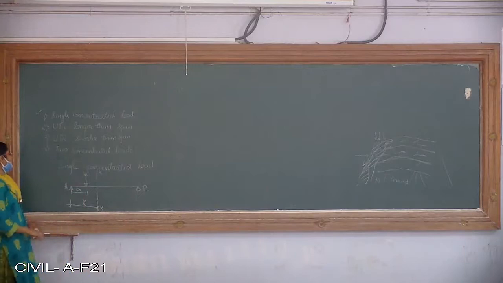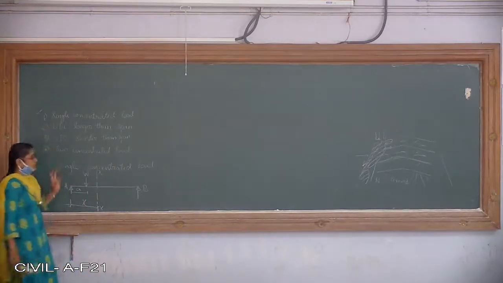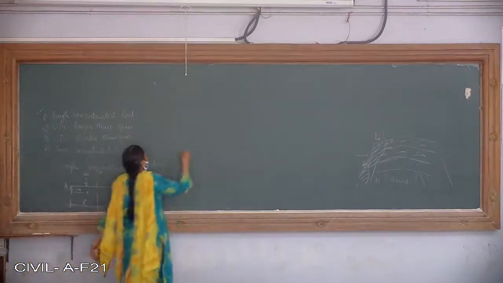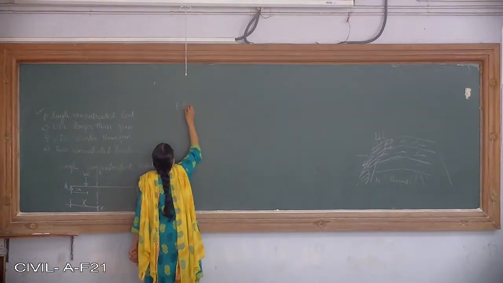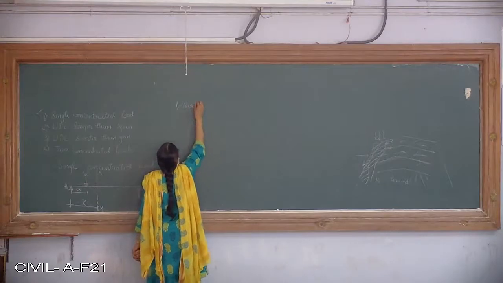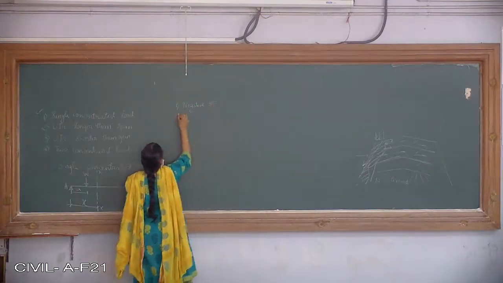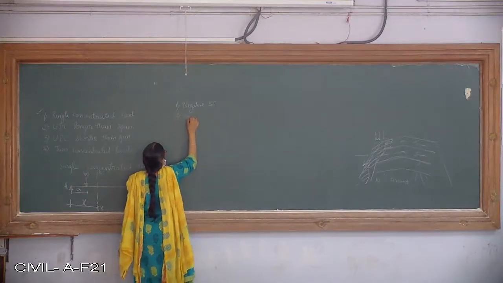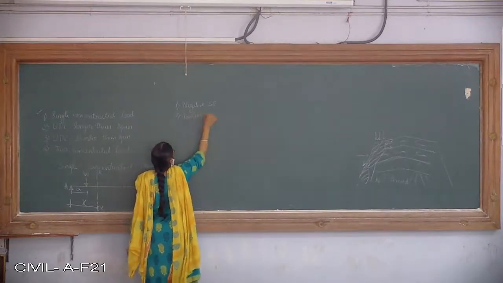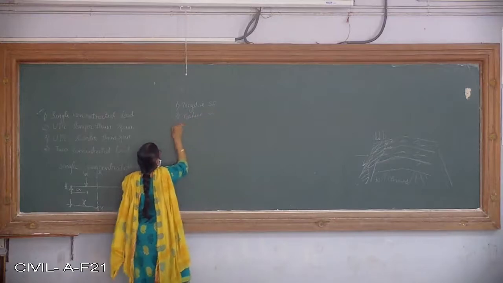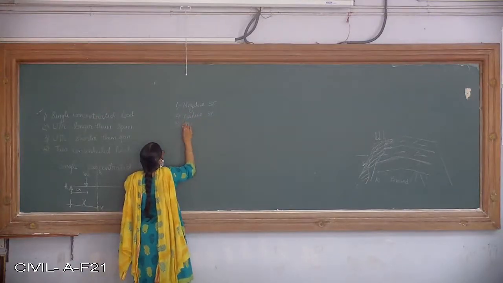Okay. So now for this case, I have to calculate. For all these cases, we are going to calculate three parameters. One is the negative shear force, second positive shear force, thirdly it is maximum bending moment.